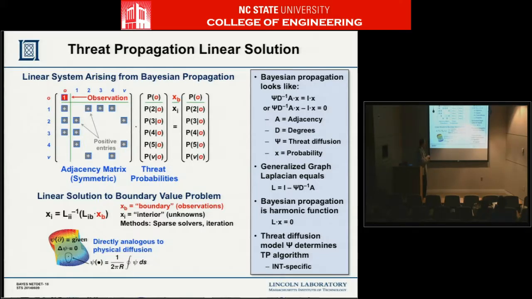For example, the mean value theorem, that the value in the middle for solutions like this is equal to an average along a path in this particular example, or in our case, just the vertices. The average in the middle is equal to some average of your neighbors.